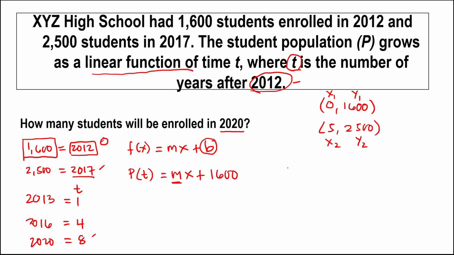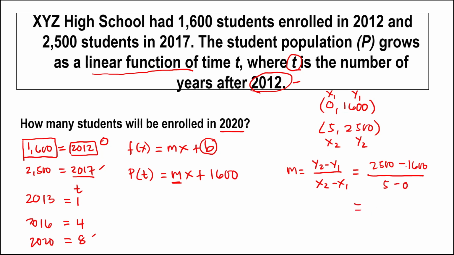So to solve now for the slope, it equals y sub 2 minus y sub 1 over x sub 2 minus x sub 1. So we have y sub 2 is 2,500 minus y sub 1, 1,600, then divide by x sub 2 is 5 minus 0.